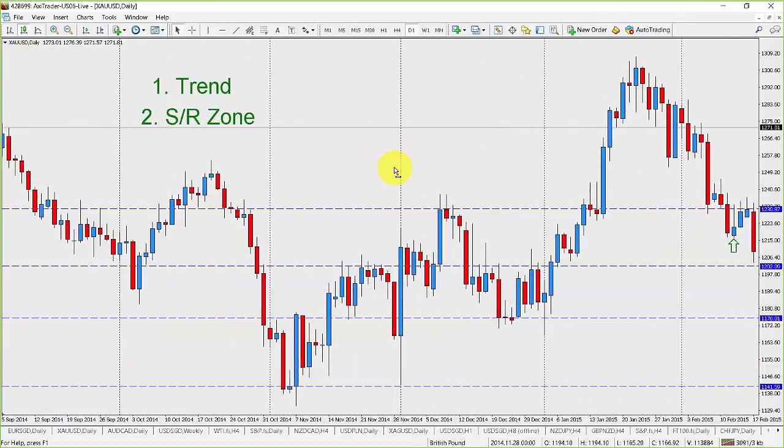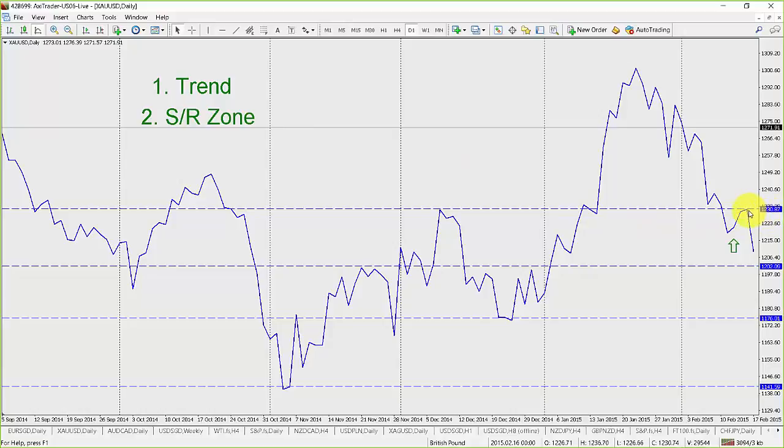On the line chart, the angle will not sharply move down unless you get a candle that's one, big enough, and two, the close is far enough to the extreme end of the candle. What I mean by the extreme end of the candle is the low of the candle for a pinch during a downtrend, or the high of the candle if you're looking at a pinch with an uptrend.